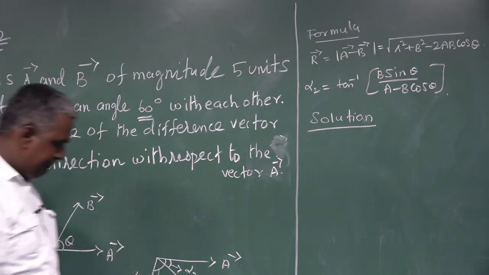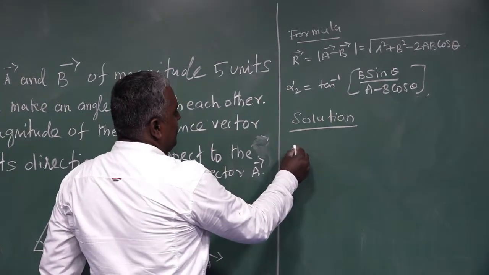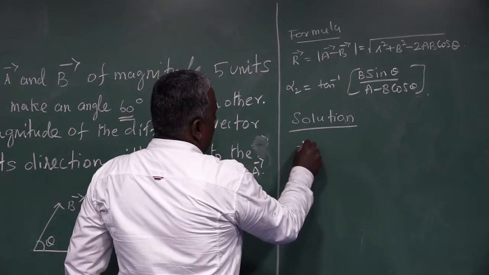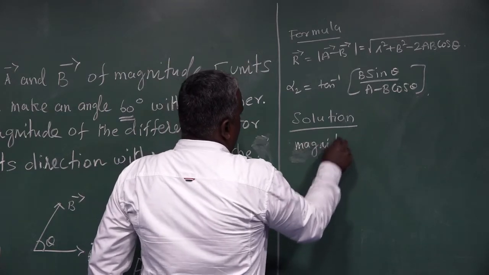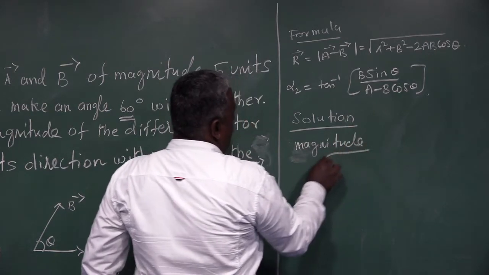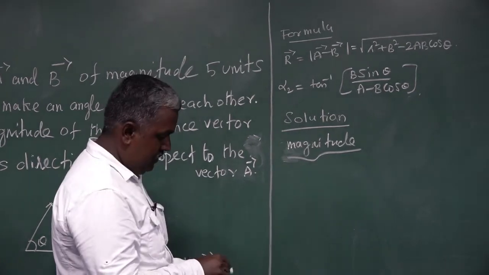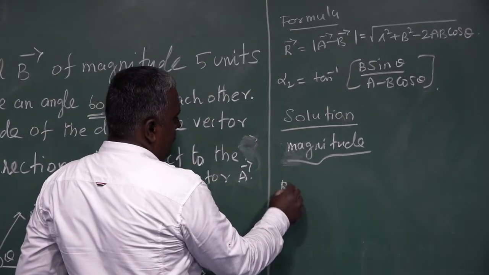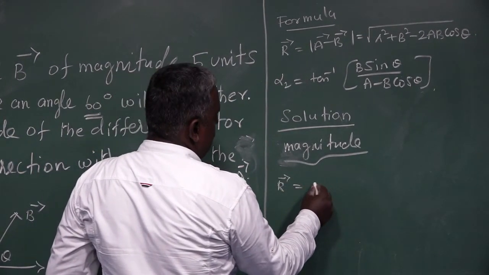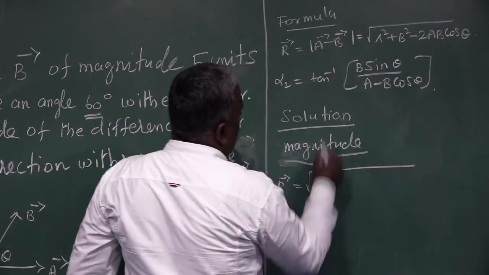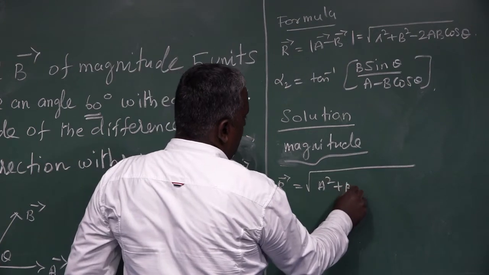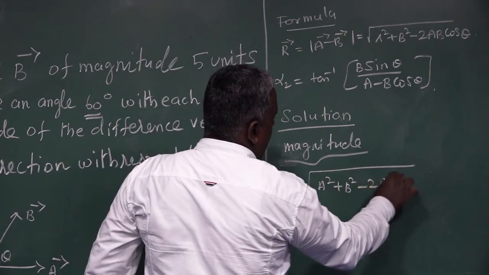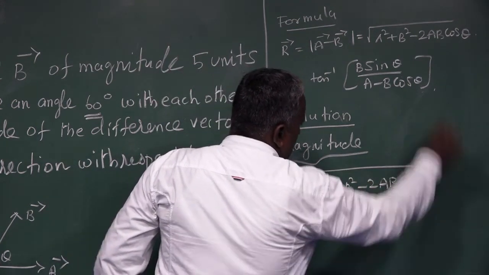First, the magnitude of the resultant vector. R vector is equal to the square root of A square plus B square minus 2AB cos theta.